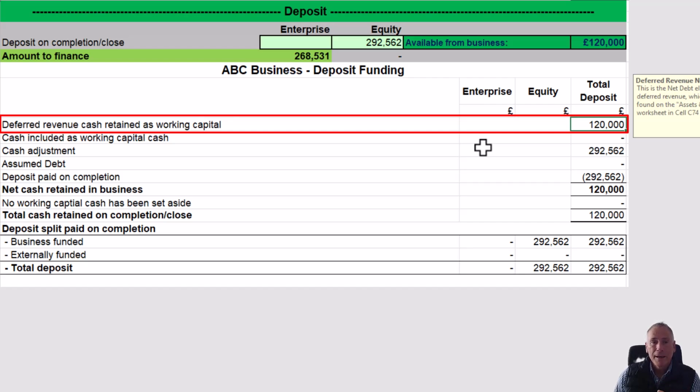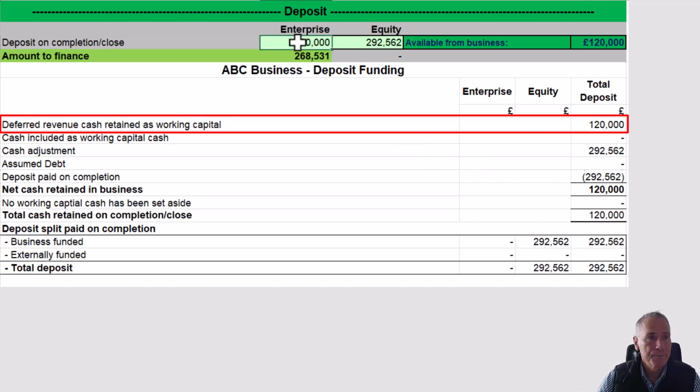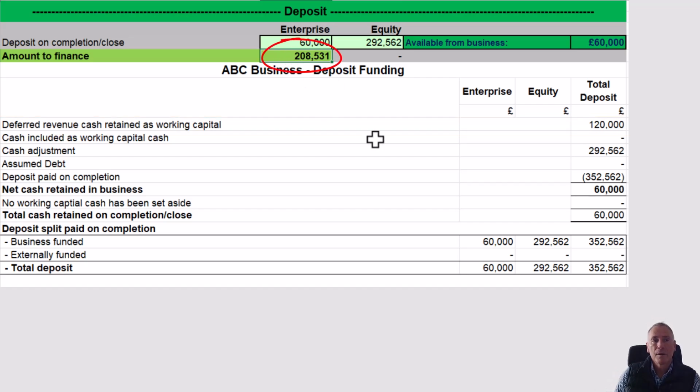So you may not want to set aside all of that money for deposit, but there's nothing to stop you putting some of it into a deposit to the business owner. Let's assume we put half of that in, so that's £60,000. That now reduces what we owe to the owner to £208,000. So we're getting there. We're reducing what we'll ask the owner to provide as seller financing.